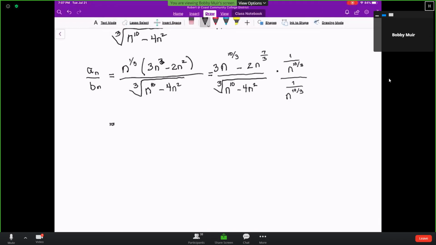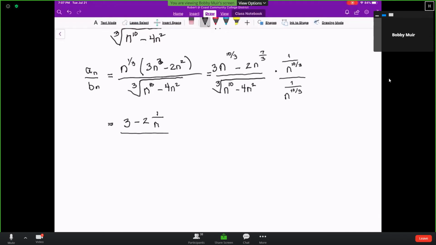Okay, so now if I distribute at the top, I'm going to get 3 minus 2 times 1 over n to the first power, divided by, now I'm going to take 1 over n to the 10 and write this as 1 over n to the 10th to the 1/3. And then this I'll write as n to the 10th minus 4n squared to the 1/3.